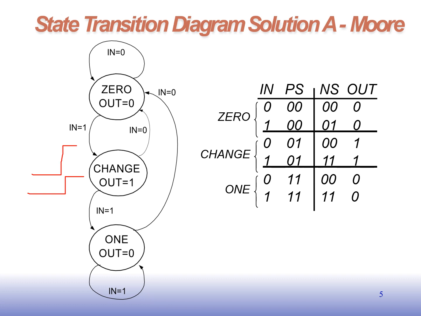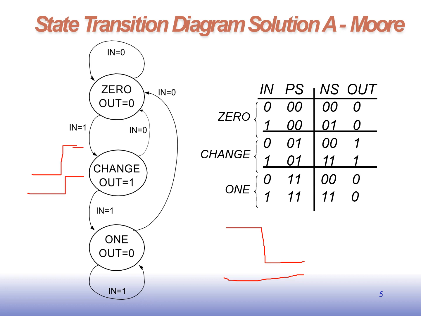If again I give the input 0, what will happen? This is 1 to 0, and the output will be 0. This is the first change. The next one: the input is provided as 1 continuously. If the input is 1, what will happen?